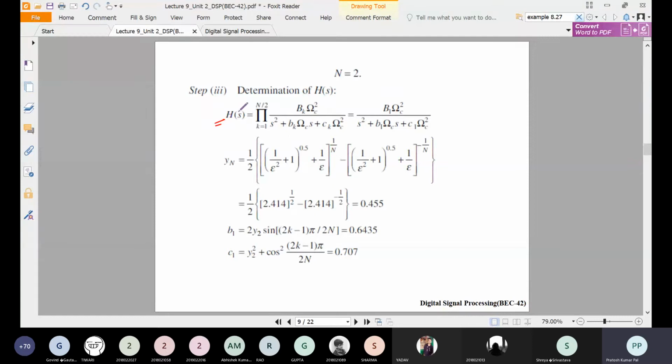Here, to find the transfer function, the generalized transfer function formula has been used instead of the normalized form. If n is even, this is the formula.